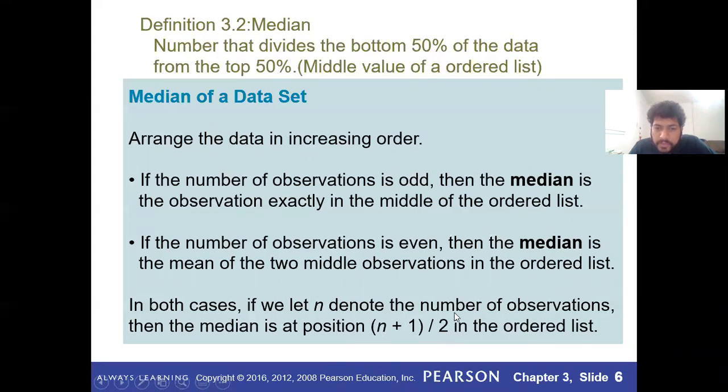You should remember this formula to find the median: n plus 1 divided by 2, where n denotes the number of observations. It gives you the position, not the value, of the median in your data set. You have to first order your data set.